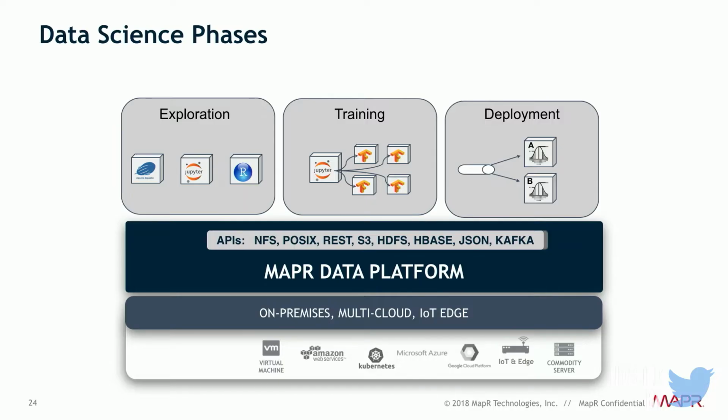So, data science patterns. Basically what we're doing most of the time is we're exploring data, we're training data, or we're deploying our models. There's data cleanup, there are all kinds of other pre-stages, and you could divide these stages up in different ways. But you're really thinking about these three things. And the one that you're probably most concerned about when you're scaling this stuff up is the training side of things.